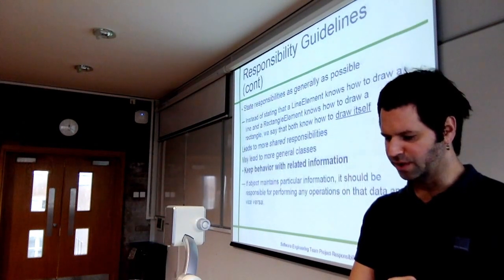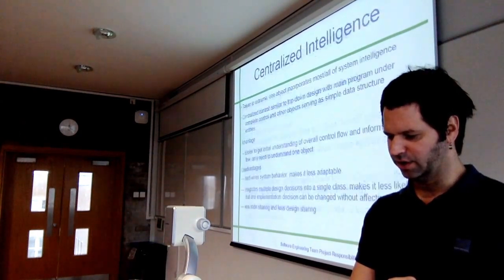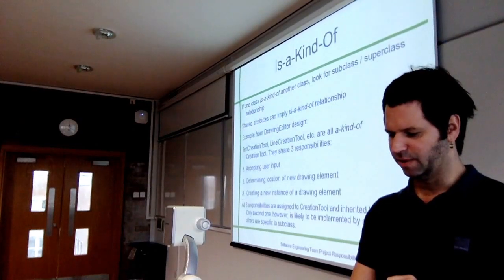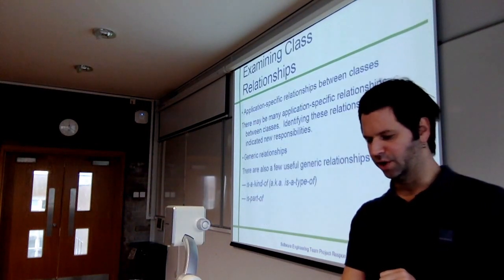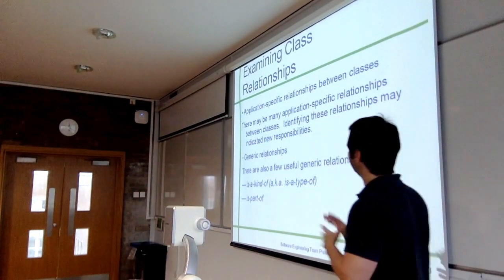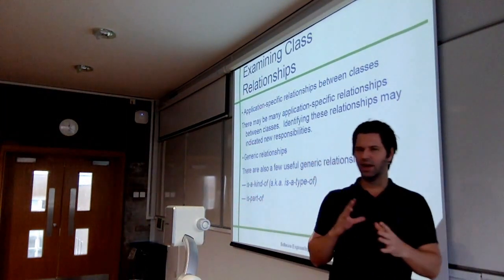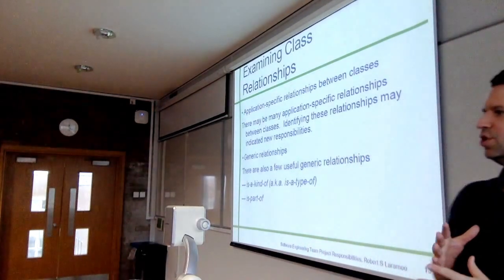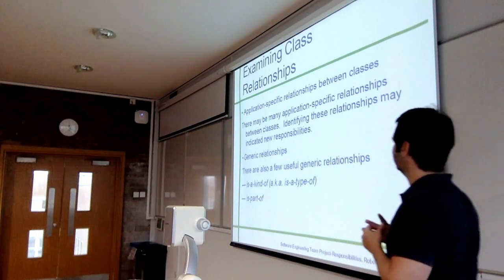So those are the responsibility guidelines and intelligence and so on. And that's what we talked about last time. Now we're going to look at examining class relationships, looking at how to analyze and identify the relationships between classes.